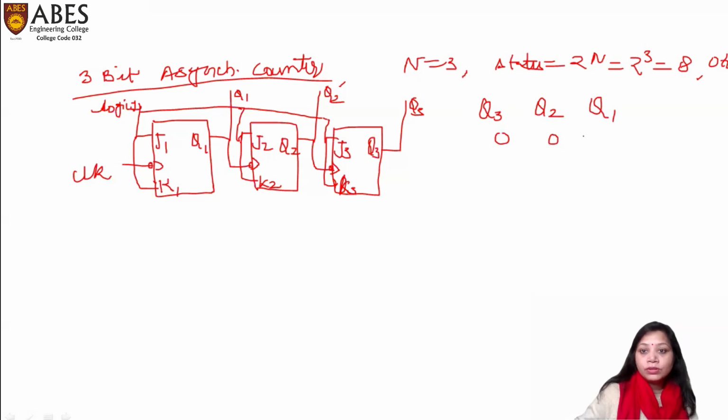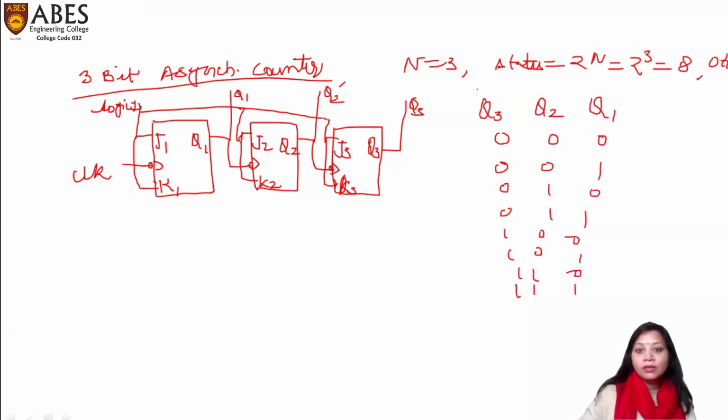It will count from 000, 001, 010, 011, 100, 101, 110, and 111. This is the truth table of this 3-bit counter, right?